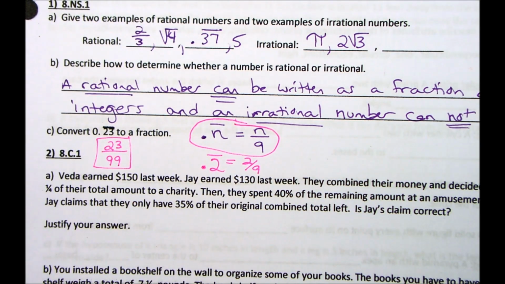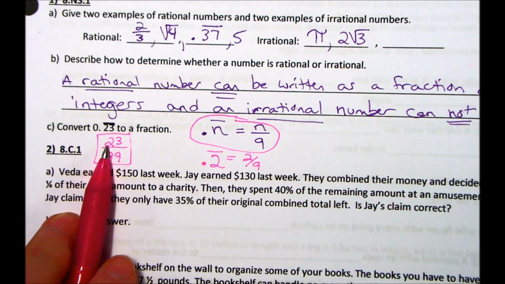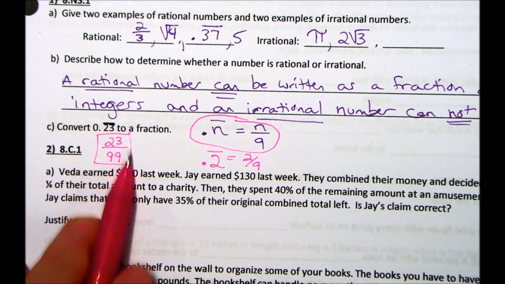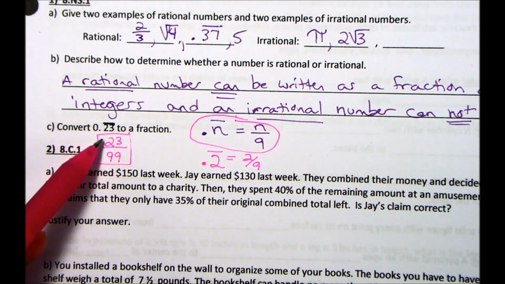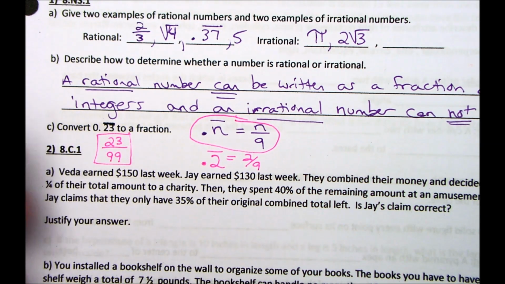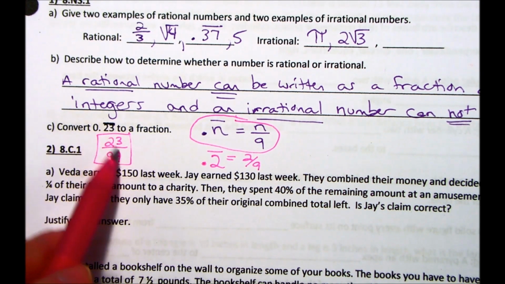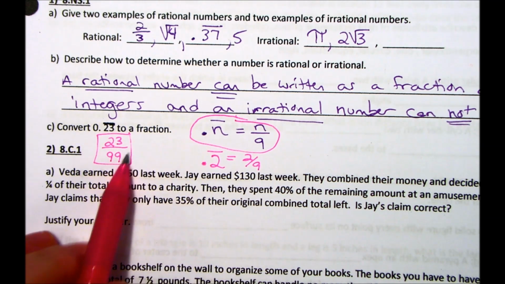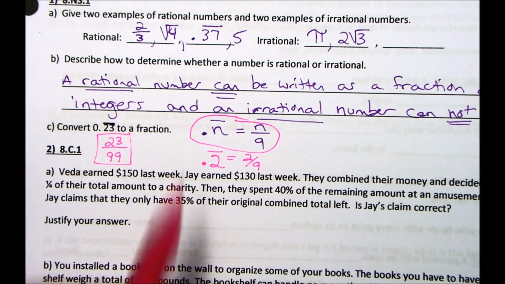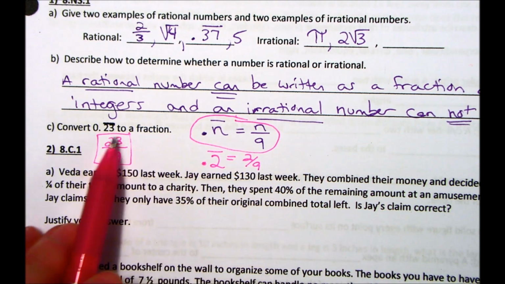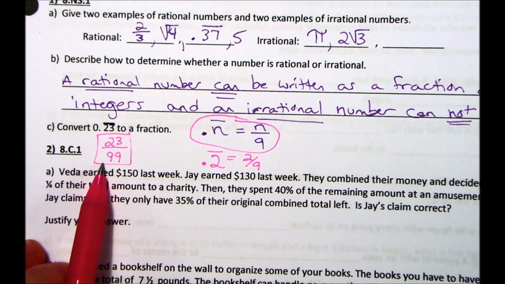So 0.23 repeating would be 23 over 99. If you were to take your calculator and divide 23 by 99, you would see that the 2 and the 3 do repeat over and over again. So that's how you convert a repeating decimal of this type to a fraction. If it's 1 repeating decimal, it's over 9. If it's 2 repeating decimals, over 99.